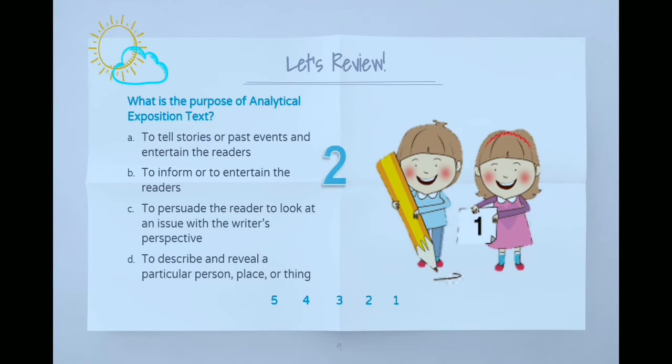And then the next question. What is the purpose of analytical exposition text? A. To tell stories or past events and entertain the readers. B. To inform or to entertain the readers. C. To persuade the readers to look at an issue with the writer's perspective. D. To describe and reveal a particular person, place, or thing.